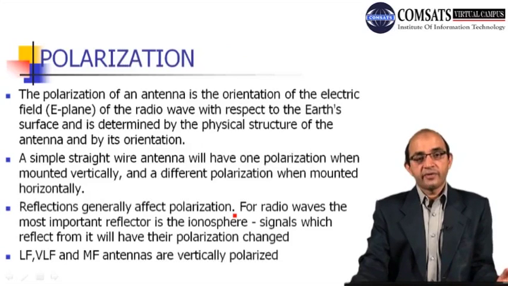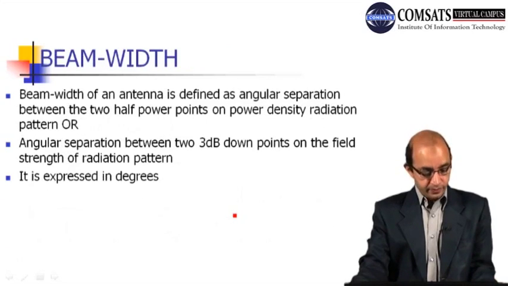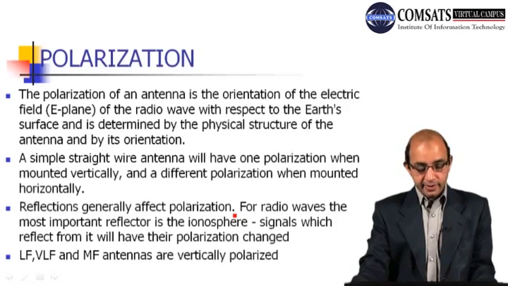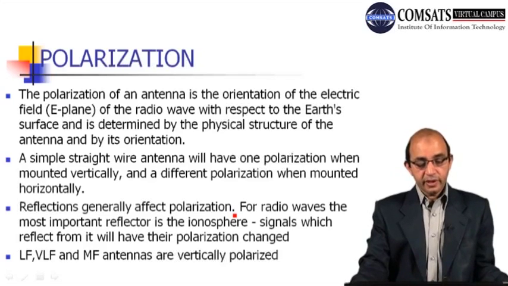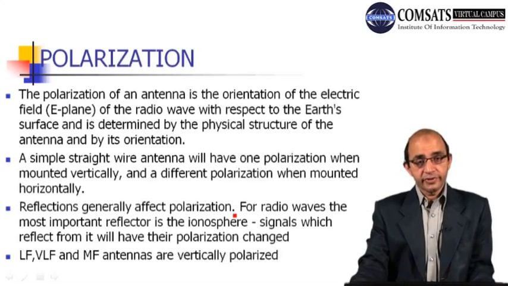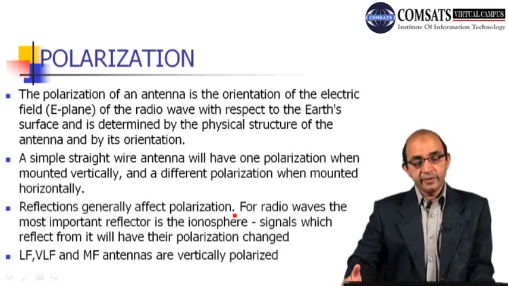We have talked about polarization, and now we will be talking about polarization again, because we have to establish the radiation patterns. Polarization is closely related to the radiation pattern, because in that case the orientation of the electric and magnetic field is associated, and we define polarization as the orientation of the electric and magnetic field.